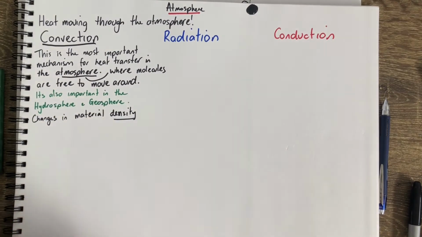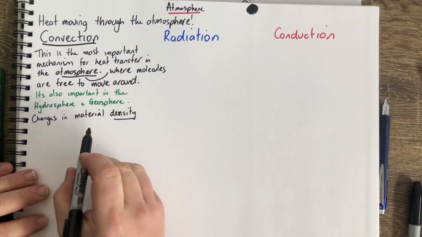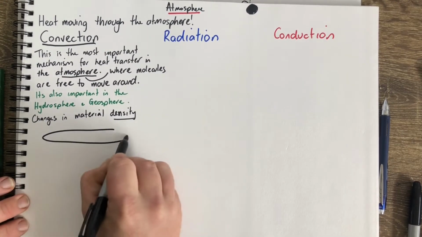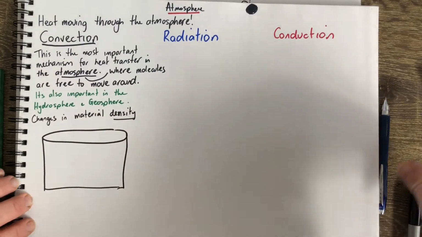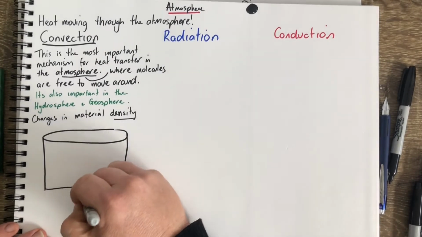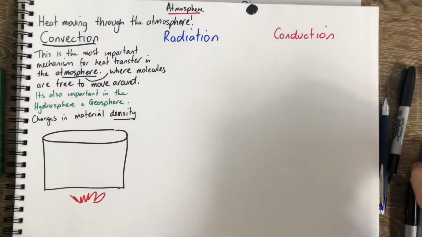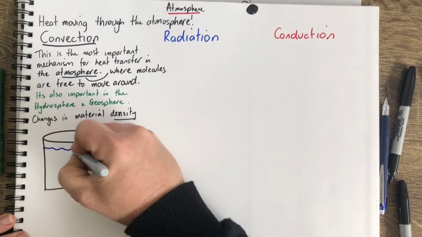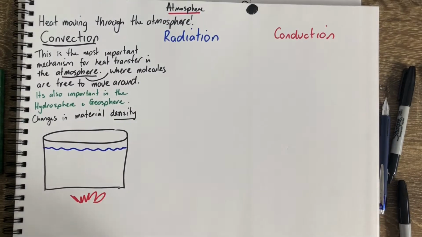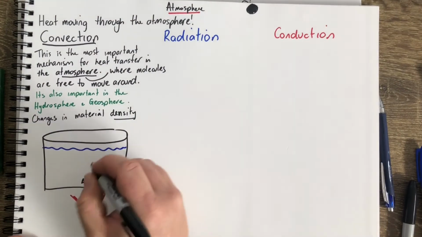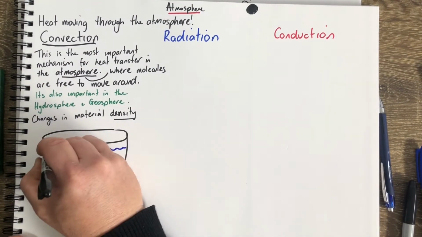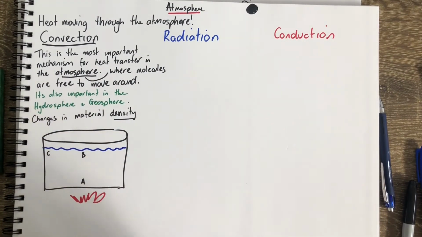So I'll demonstrate this by, I guess I'm going to draw our famous pot. And I'm going to put a fire under this. I'm going to fill it with water. So if we think about what happens at point A, point B, and point C, and you guys will be familiar with this.